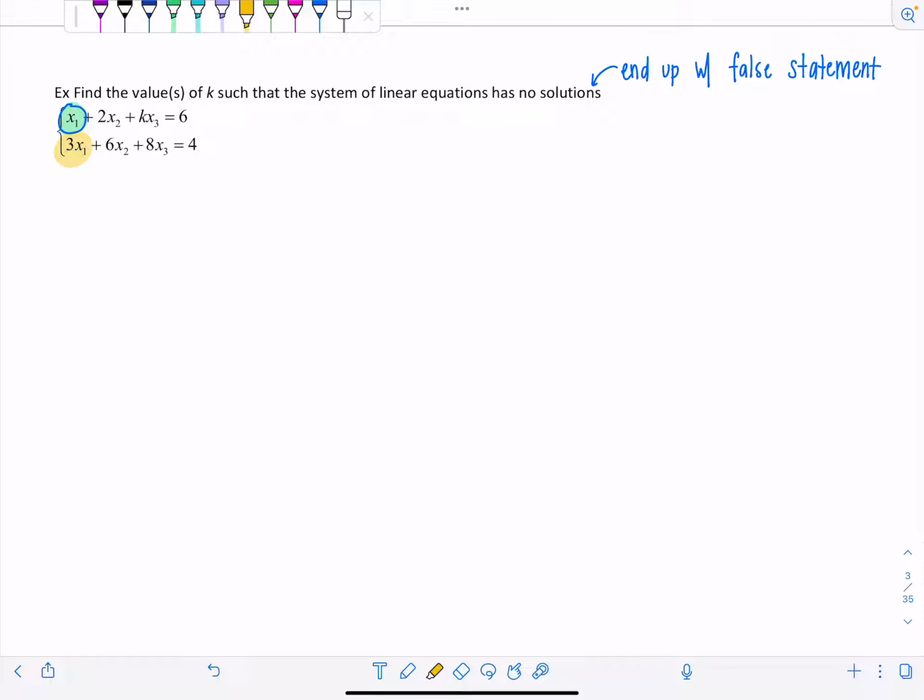So there's only one entry I have to worry about. I need that 3x1 to be gone. So what would I do? I would take -3 times row 1, add it to row 2, and that would be my new row 2. So let's see what we got going on now. Row 1's not changing. x1 plus 2x2 plus kx3 = 6. And then now -3 times row 1, that would be a 0. -3 times 2x2, I'm looking right here, guys.